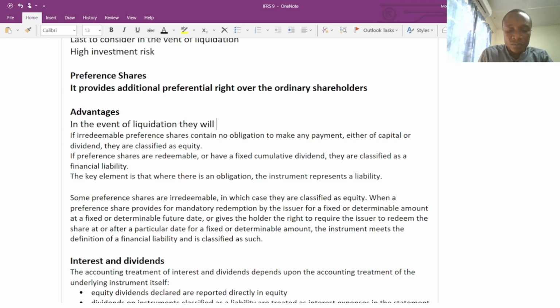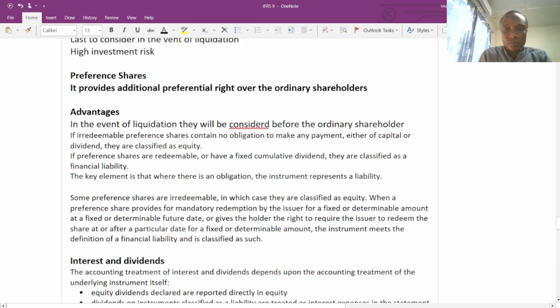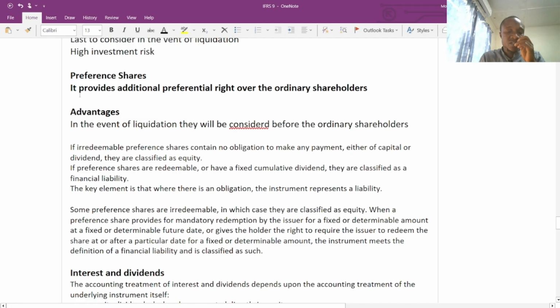They will be considered before the ordinary shareholders. Very important point. In the event of liquidation, the company can settle the preference shareholder before the ordinary shareholder.